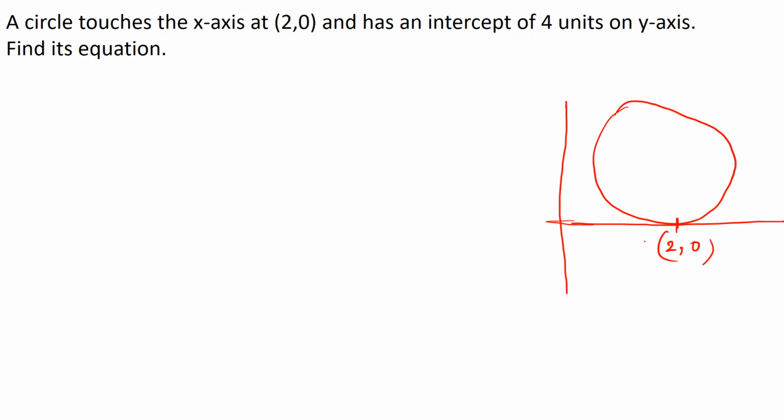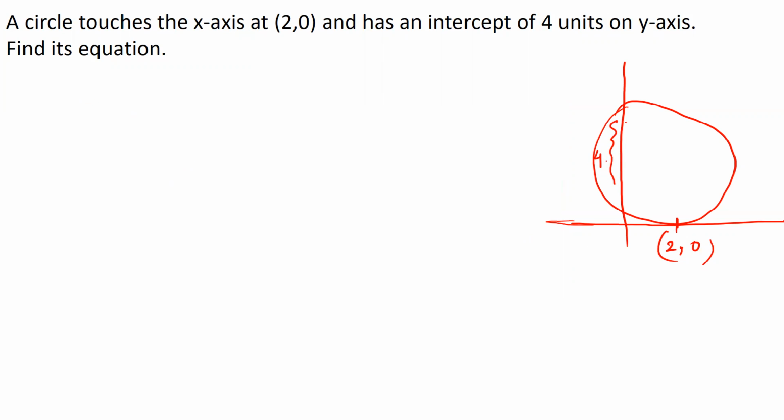A circle touches the x-axis and has an intercept of 4 units on the y-axis. That means the y-axis goes through the circle and this distance is 4 units. So first of all, let me give you two important formulae and try to prove these formulae at home yourself.